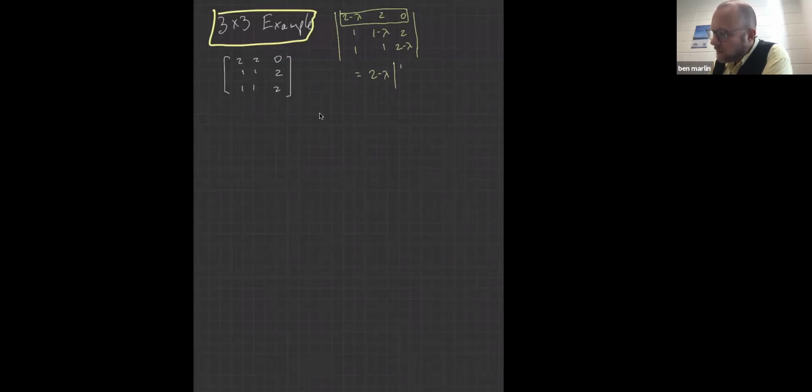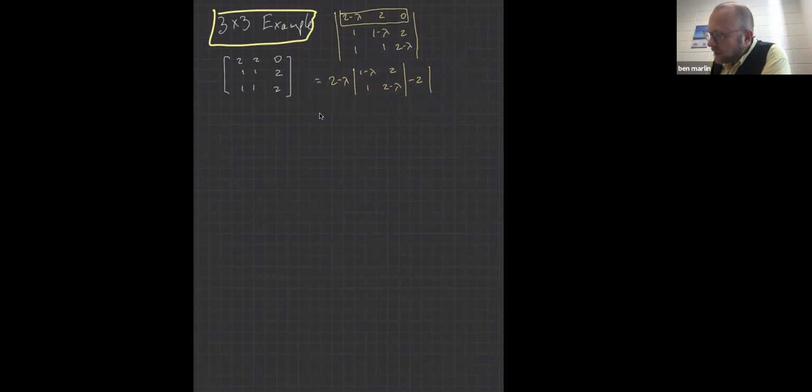I would have 1 minus lambda, 2, 1, 2 minus lambda, and then minus 2 times, and I block off the row and the column that's in. And once again, I have jammed things up a little bit, so I am going to take and drag them over here, except it grabbed my straight line. Okay.